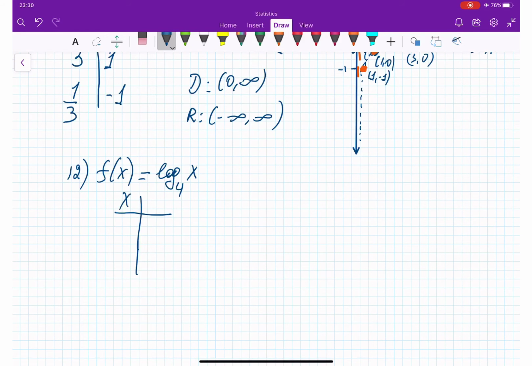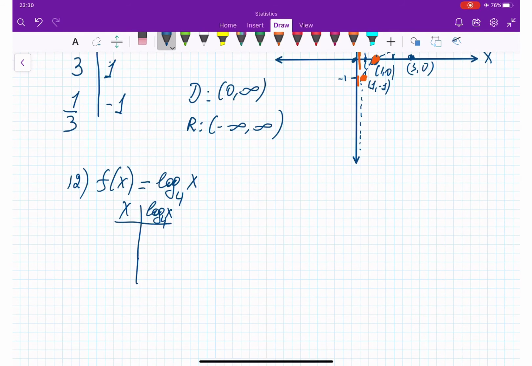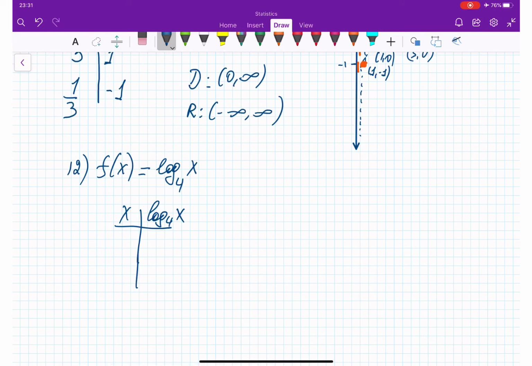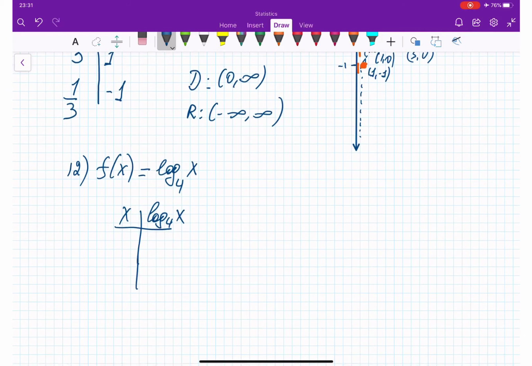So x and log x by base 4. Since I have base 4, first I'm taking 1, then I will take 4, and then I will take 1 over 4.